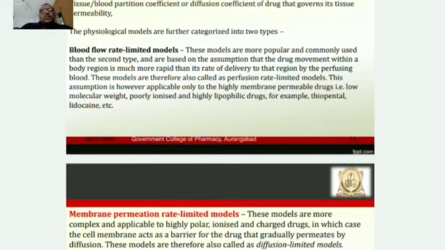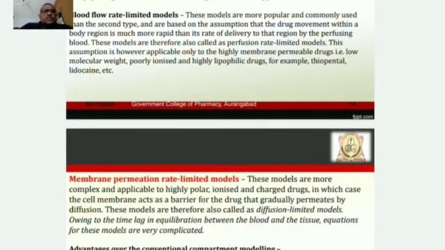So this type of drug is most commonly used in this model, where the highly perfused region within the body is much more rapid. A perfused organ is one where the maximum amount of blood is flowing to that organ, and the drug is also flowing towards that organ.